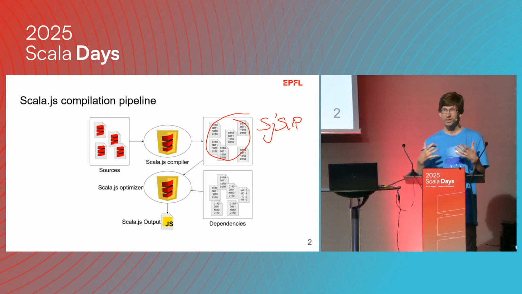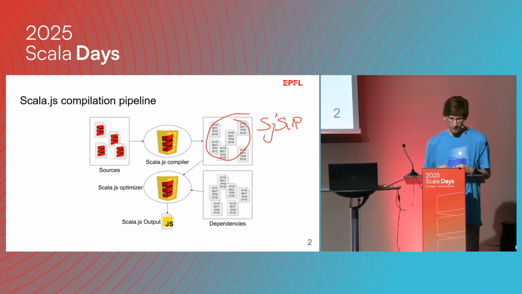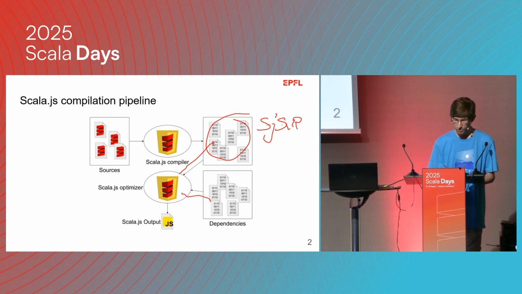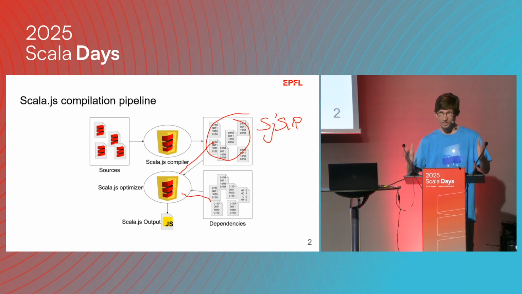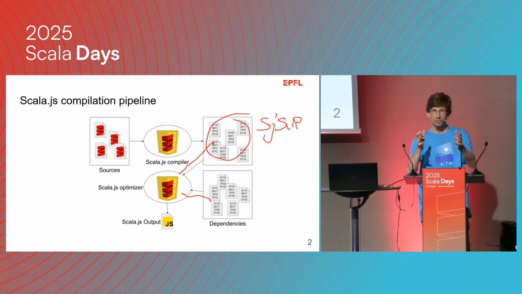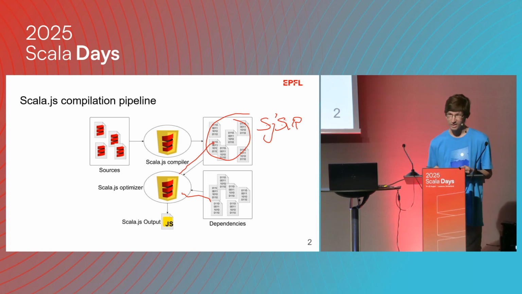So when you, as an application developer, depend on many libraries and you emit your Scala.js code, what happens is that you take your SJS file, but you also take the SJS files coming from all your dependencies. And then the Scala.js optimizer puts that in a big box, shuffles, outputs optimized IR that hopefully is fast and small.